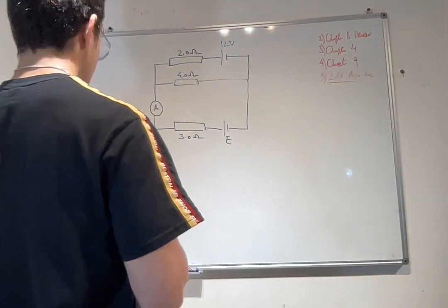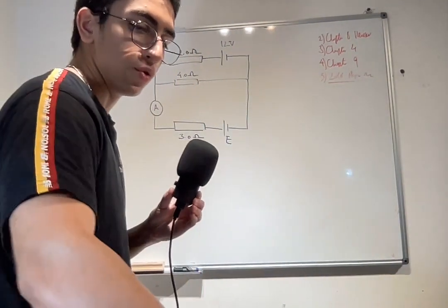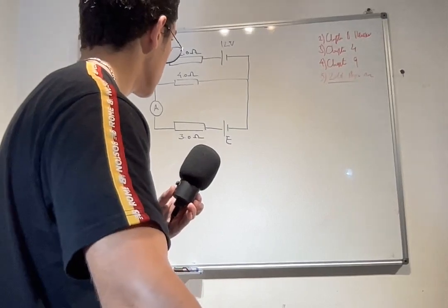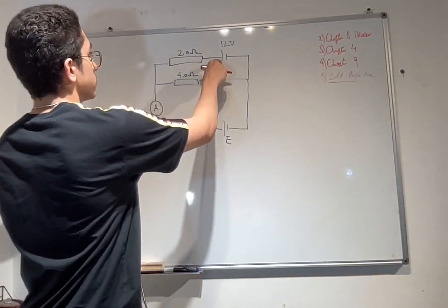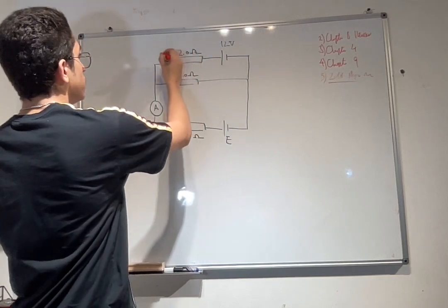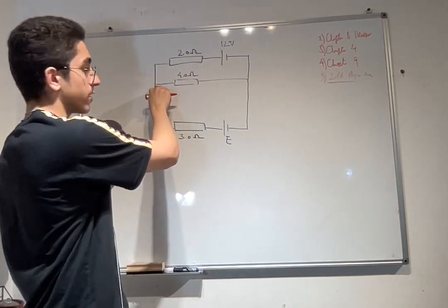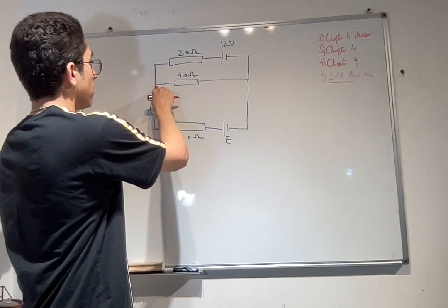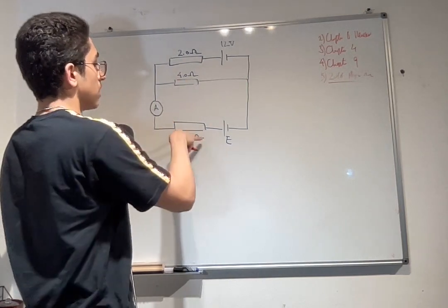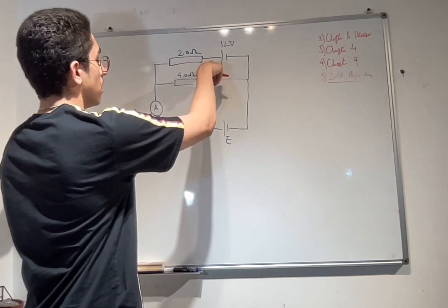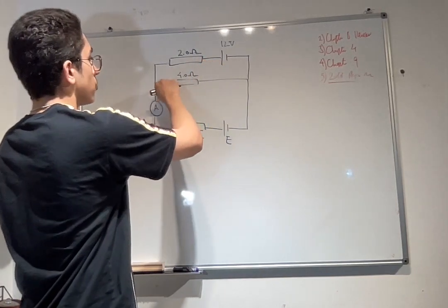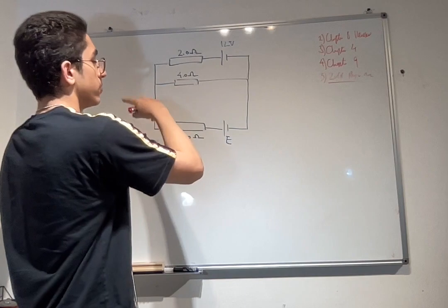If you use Kirchhoff's laws, let's say we have a current from 12 volts here. It'll move and then it'll reach this branch right here. Because the resistor and this part is parallel to the emf of 12 volts, the current will separate into different branches.